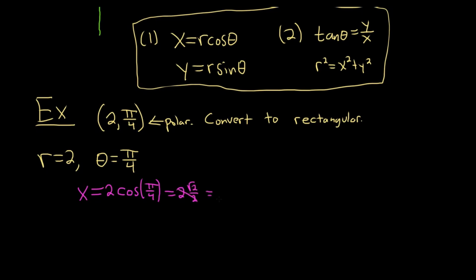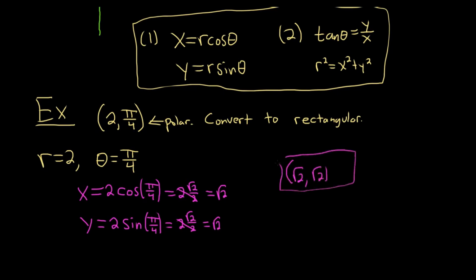These cancel, and we end up with the square root of 2. y is equal to r sine theta, so it's 2 sine of pi over 4, which is 2 times the square root of 2 over 2. These cancel, and we get the square root of 2. So now we have our x and our y. The answer would be square root of 2, comma, square root of 2. These would be the rectangular coordinates.